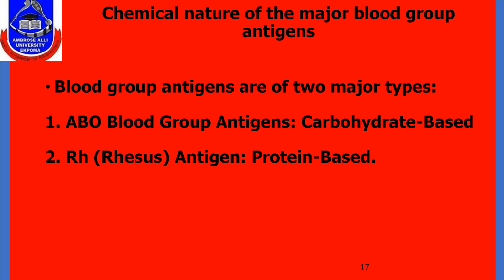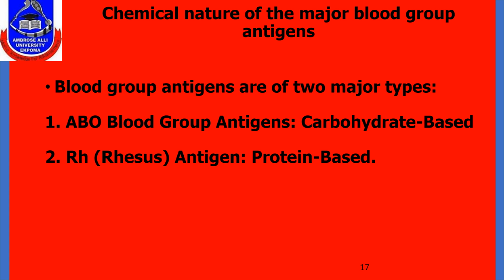It is time now to look at the chemical nature of the major blood group antigens. I have mentioned before now that there are two major types of blood groups, the ABO system and the Rhesus antigen system. The first, the ABO system, is carbohydrate based.